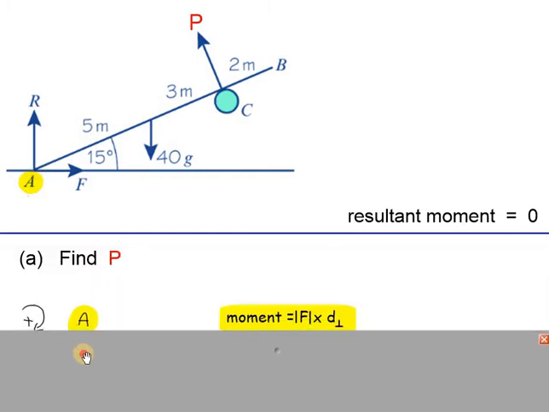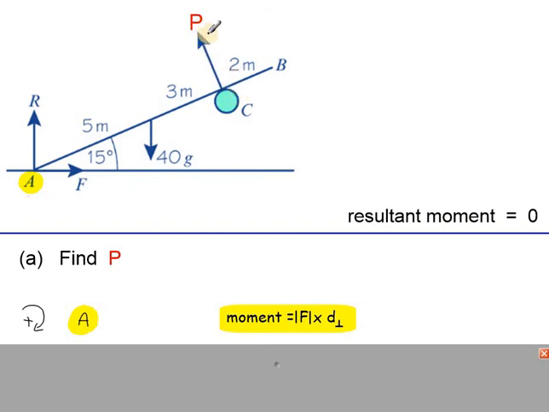So to find P, the normal reaction here at the peg, taking moments about point A, and the moment is the magnitude of the force times the perpendicular distance.